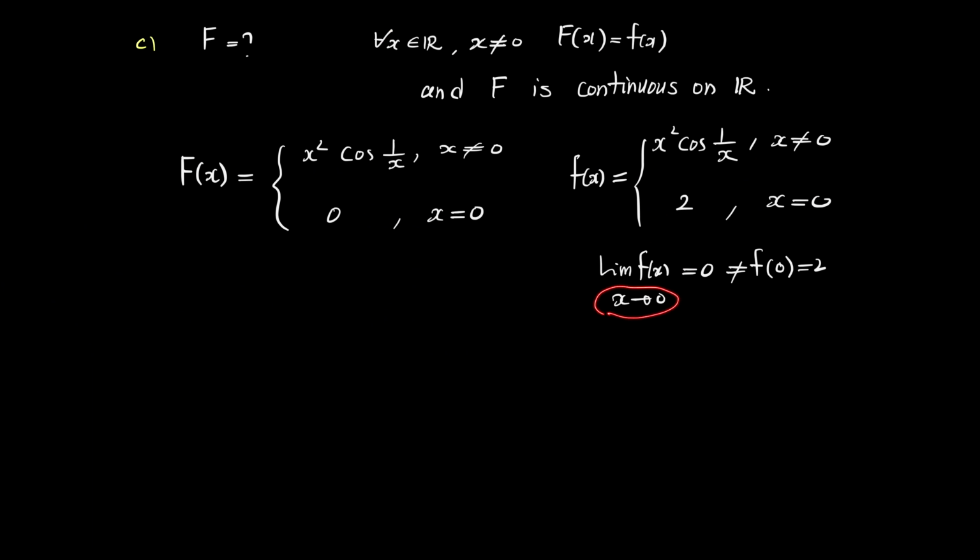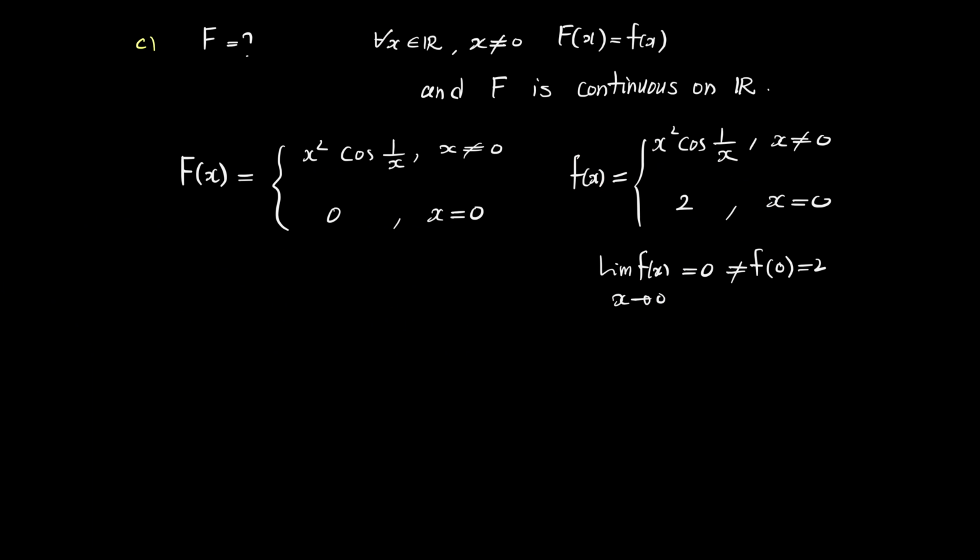If x is not equal to 0, the function little f follows this rule, and in part b we just learned that the limit of this function when x approaches 0 is equal to 0. But if I ask you what is f of 0, according to the definition, it is 2. So the limit is 0, but the value of the function is 2. They don't match, so this function little f is not continuous at 0.